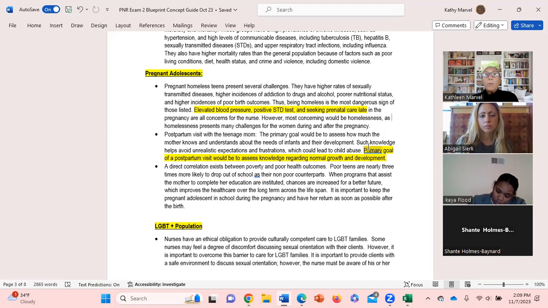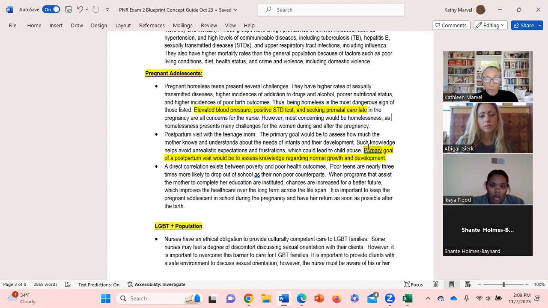When you're the home health nurse, you're going in to do an assessment on a new mom, a new teen mom. What is the most important thing you're going to look for? Knowledge of growth and development. Exactly. Right, so formulate your questions as you're reading through these, thinking clinical.